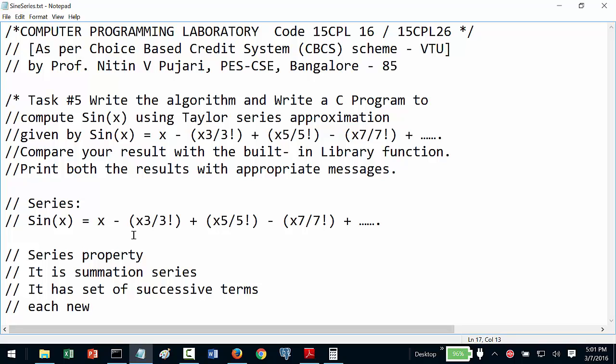Each new term is opposite of the previous term with respect to sign.